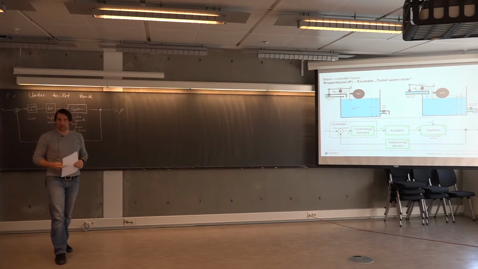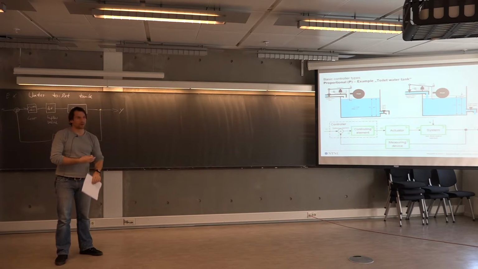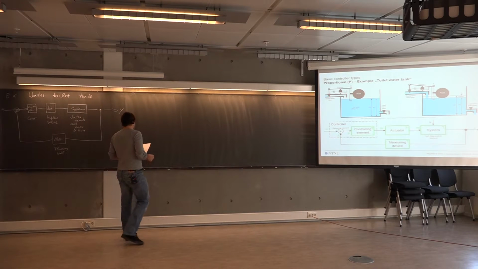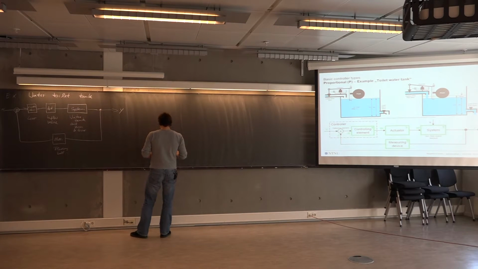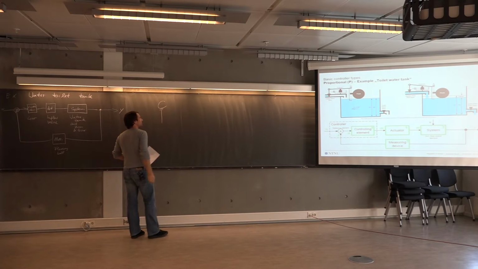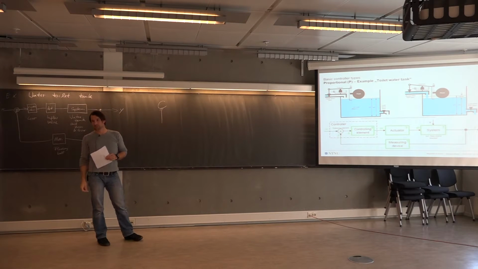The easiest way to model such a reservoir, as you may remember from the exercises, is basically just a C element, which accounts for the change in water height, or the volume in the reservoir, basically over time.